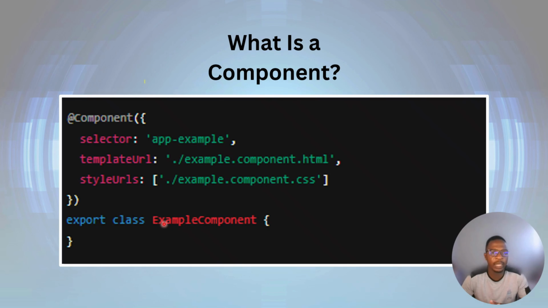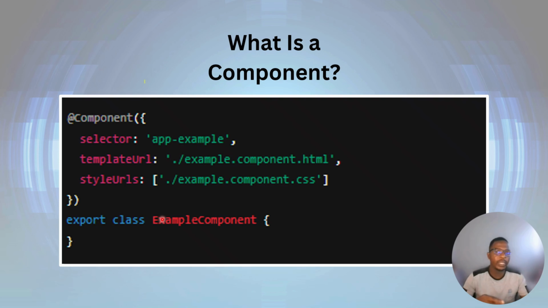Now, inside this class structure, we will have such things as the properties, which are our data, the methods, which are the behavior, and the lifecycle hooks, which we'll cover in an advanced concept. Now, if we put this dynamic duo in action, the decorator sets up the stage and the class directs the performance.